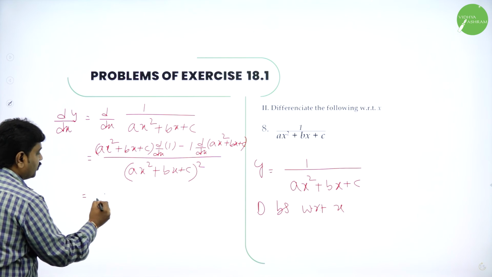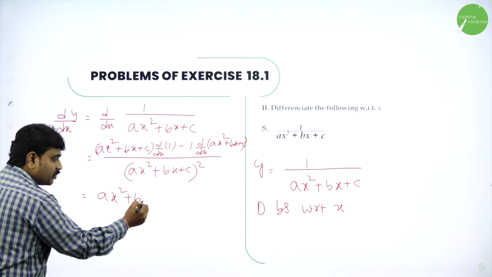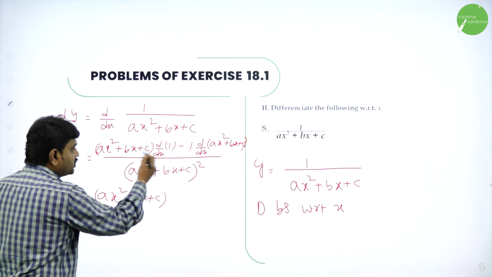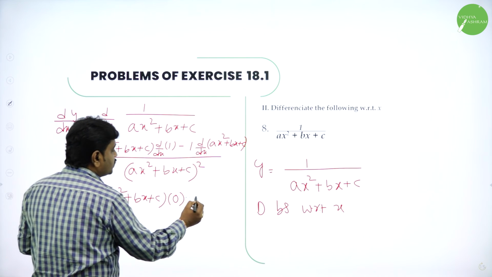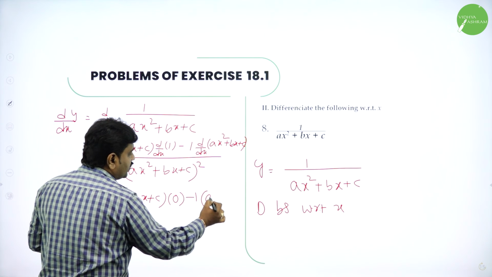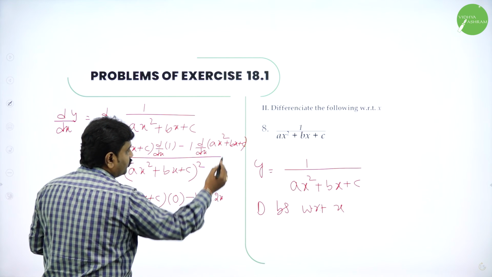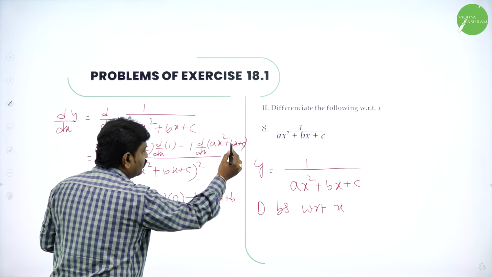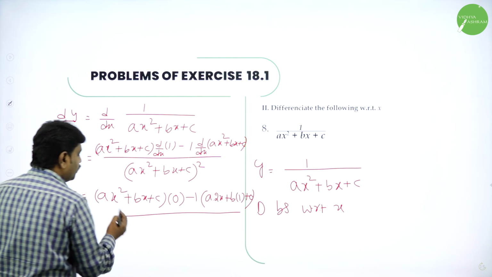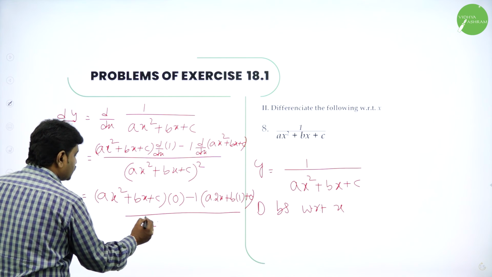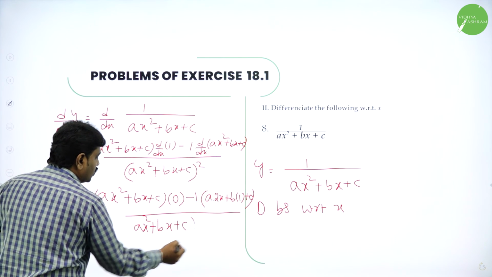Now further that will become ax square plus bx plus c into 1, and into d by dx of 1 becomes 0, minus 1 into d by dx of ax square plus bx plus c. A is constant, take it out, derivative of x square is 2x, b is constant, take it out, derivative of x is 1, derivative of c is 0, divided by ax square plus bx plus c the whole square.